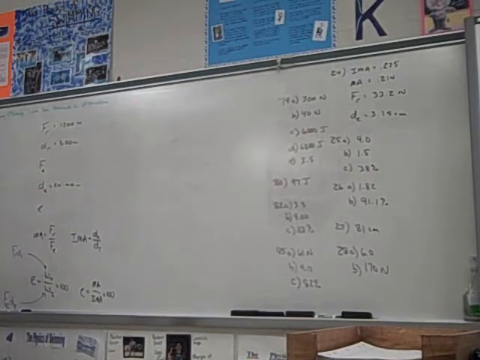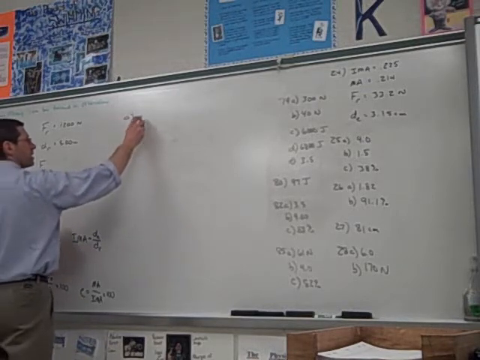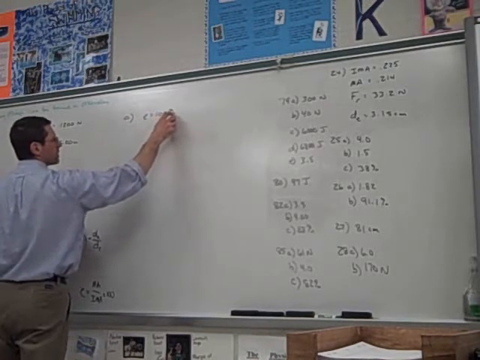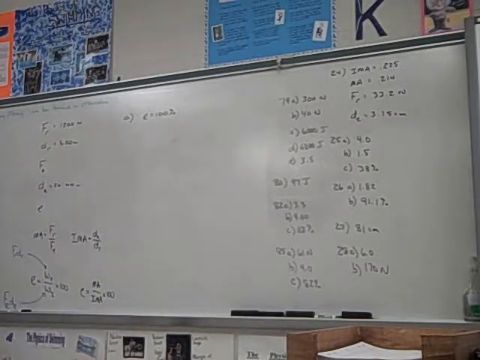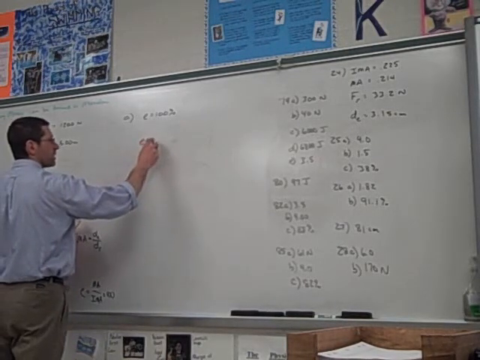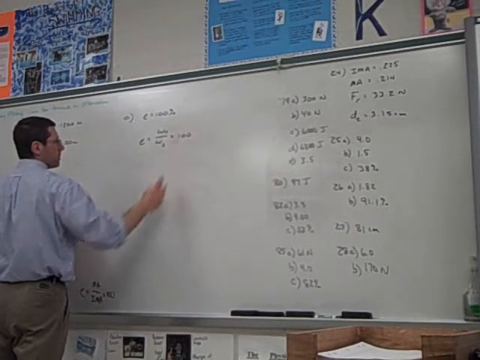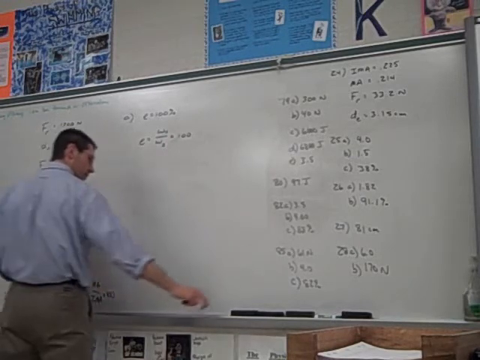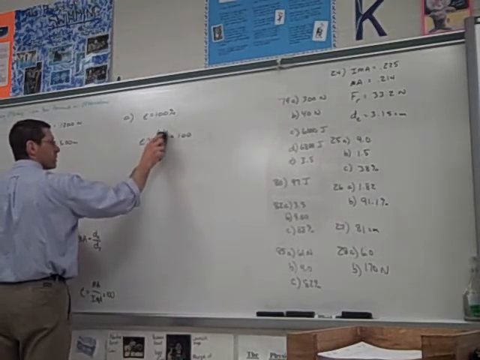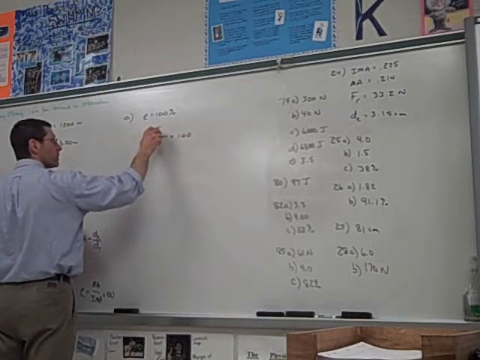And then part A says how much effort force if the machine were ideal. Now, an ideal machine, the efficiency is 100% because there is no friction. So we want to figure out what is his effort force if the efficiency were 100%. So efficiency is work out over work in times 100. But we said another way of writing work out and work in is FRDR. Why is E 100% again?